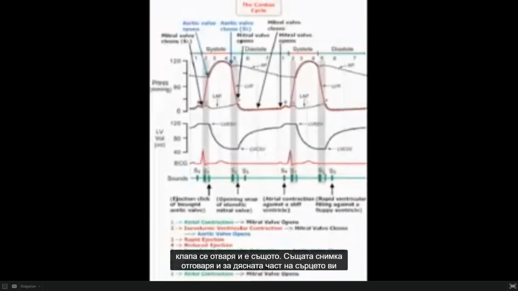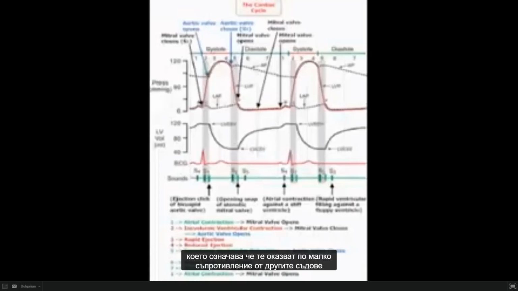The same picture is for the right part of your heart, just in different millimeters of mercury, because like you saw, on the right side pressure is less than on the left side, because in front of the right heart you have vessels which are small in diameter and not that long.